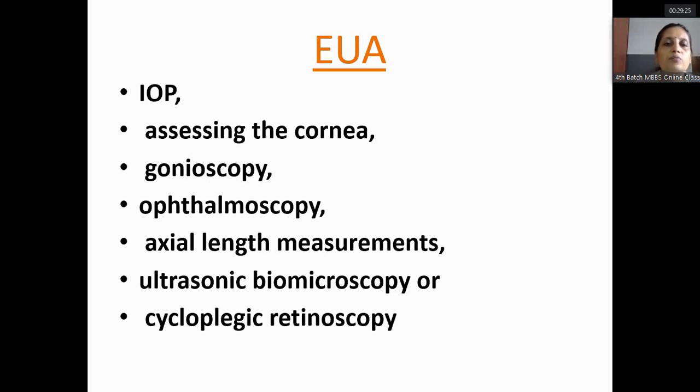Gonioscopy we perform with the gonio lens. Ophthalmoscopy with direct ophthalmoscope; if the cornea is too hazy, then we cannot do the ophthalmoscopy. Axial length measurement and ultrasonic biomicroscopy or cycloplegic retinoscopy is done.